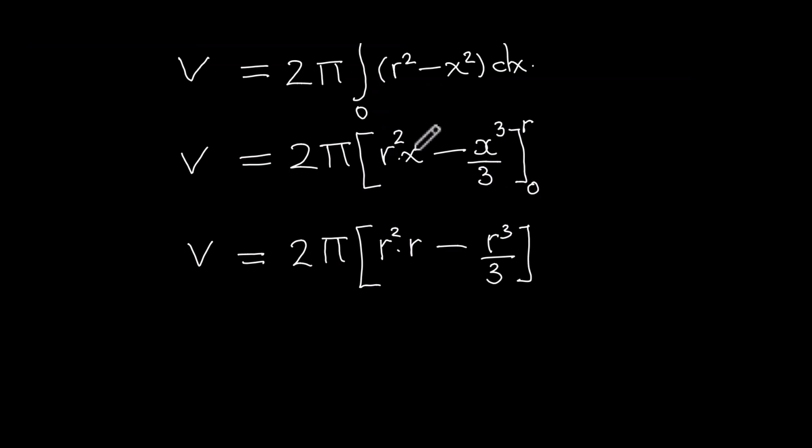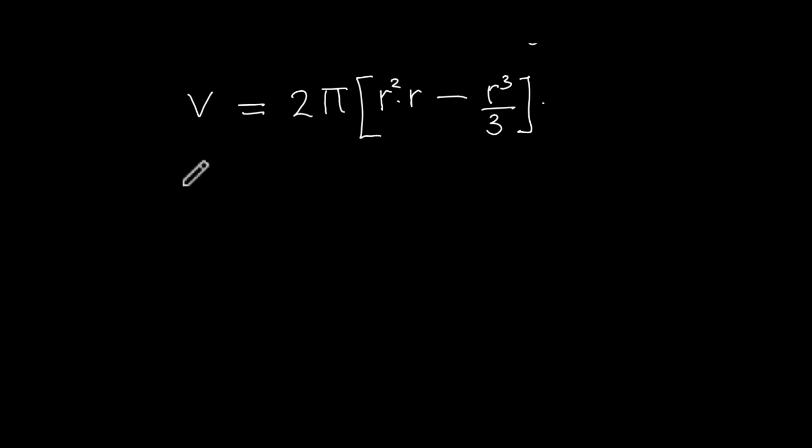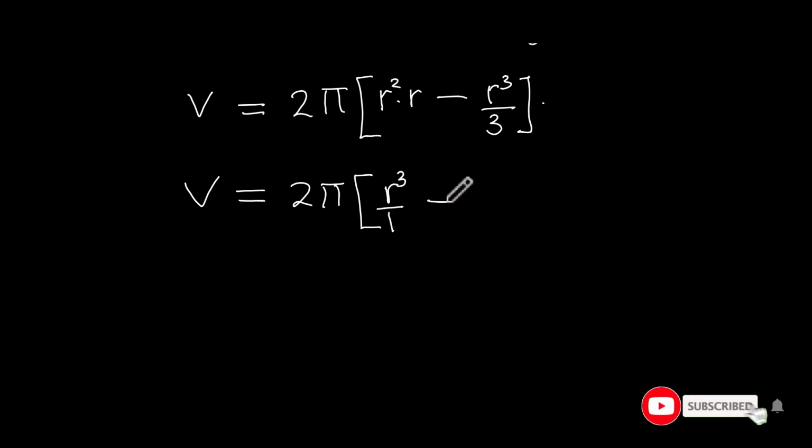And since we have x in all these parameters, substituting 0 will make this vanish to 0. So it's useless for us to put that. Therefore, let's go on and continue to simplify our work here. And we have v equals 2 pi, multiplied by r squared times r, we get r cubed. Now we can put this over 1 because this side here we have fractions, so we have here r cubed also over 3.